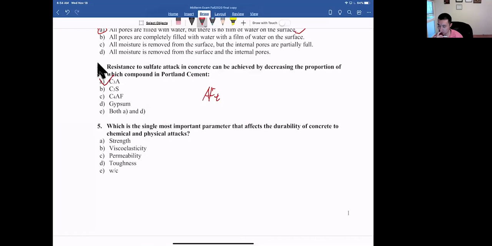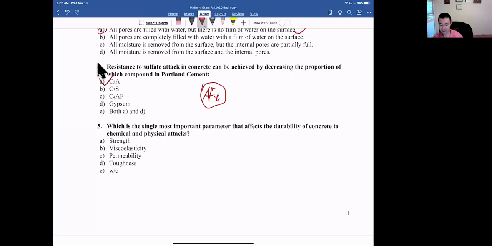So the right answer is A. It's not E because if we increase the amount of gypsum, it will transform all C3A into ettringite. So gypsum will help reduce sulfate attack. So the right answer is A, C3A.